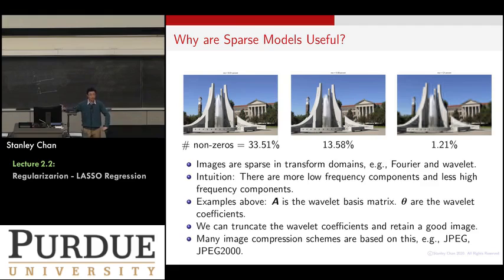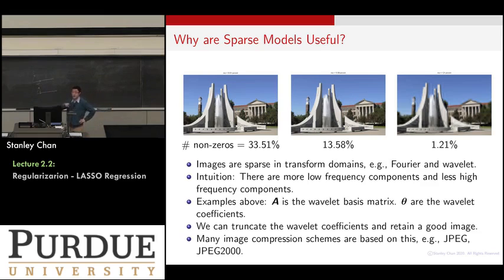It's not that good, but it's still there. The content is still there, okay? That means natural images are pretty sparse in that transform domain, which is called the wavelet domain, where you can just make that A matrix, all the columns being the wavelet basis, okay?